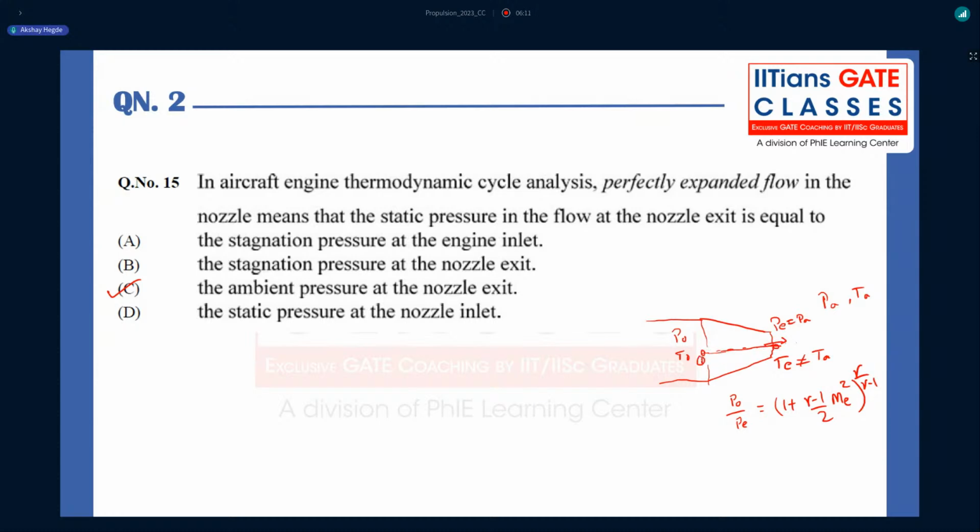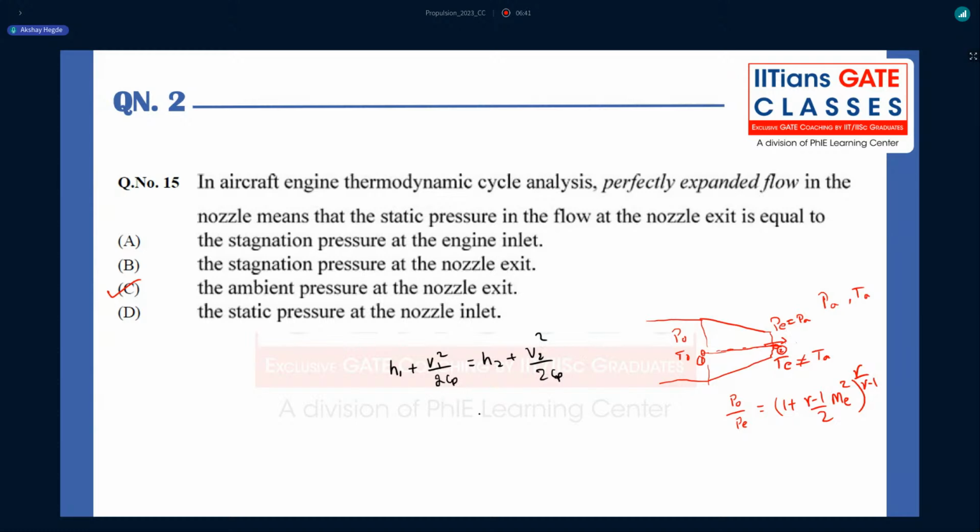I call them point 1 and point 2. If I apply the energy equation for a steady adiabatic flow, it comes out to be H1 plus V1 square divided by 2Cp equal to H2 plus V2 square divided by 2Cp, where V2 is my exit plane velocity.